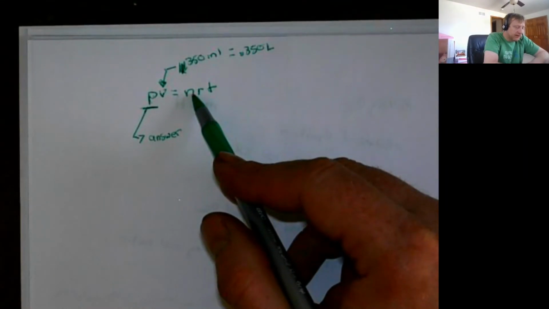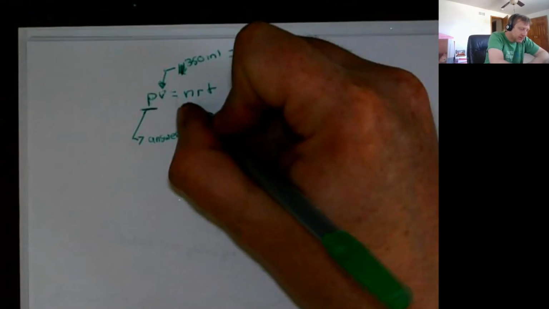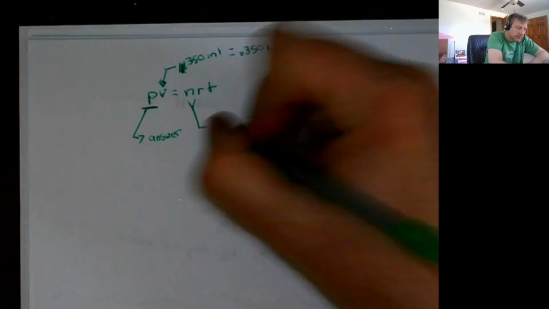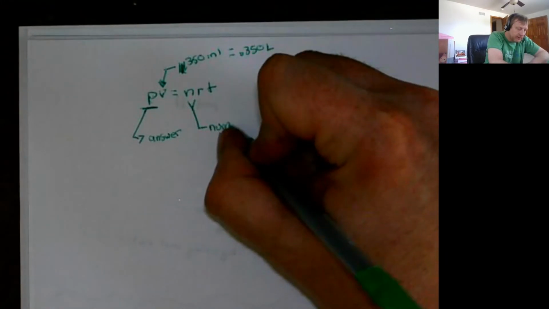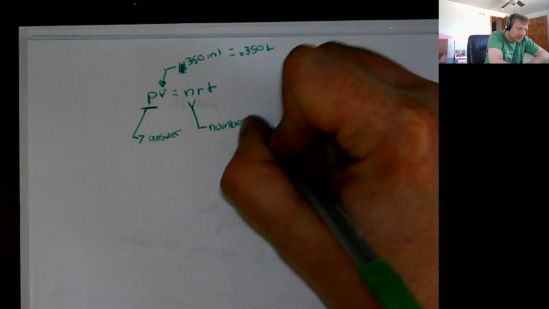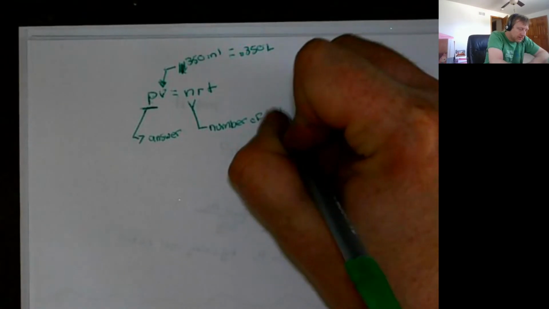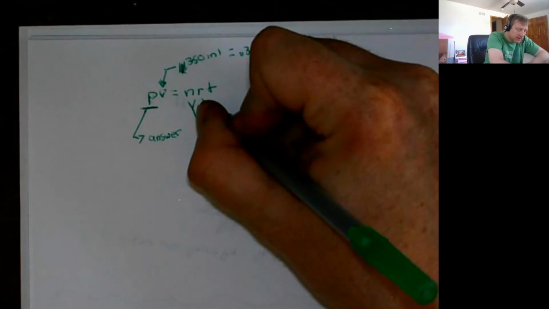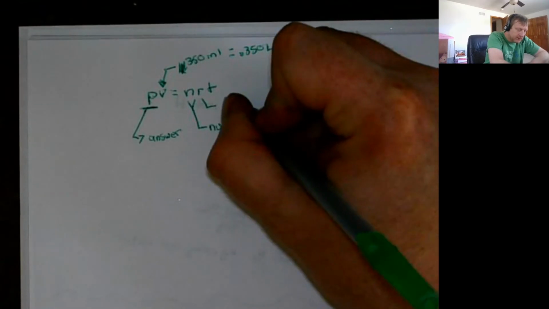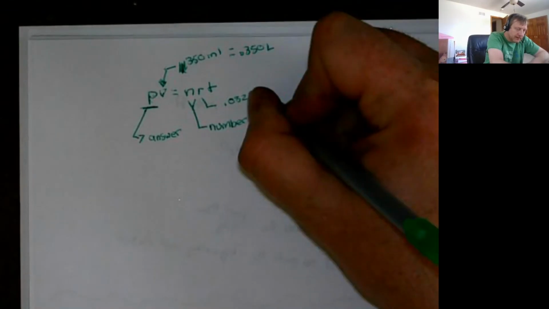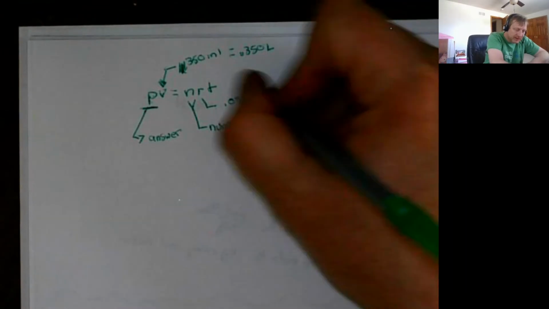n is the number of moles, and that's what we're looking for. R is that constant, 0.0821 liter atmospheres per mole Kelvin.